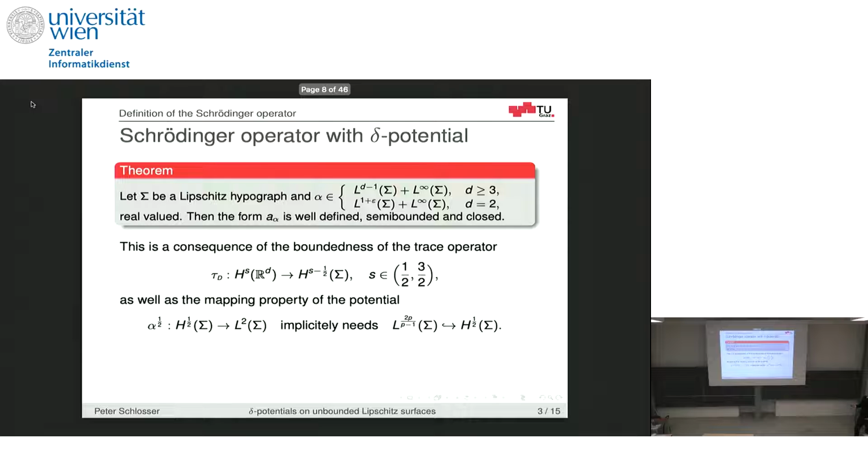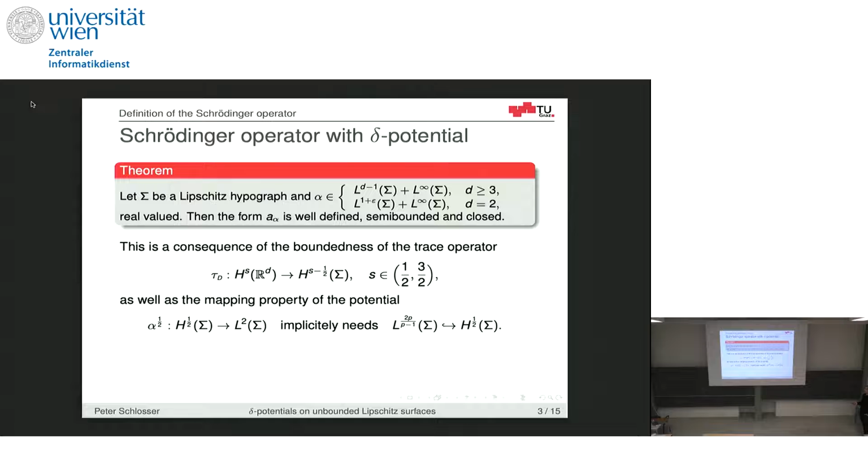But this is the case, and what are the basic ingredients to ensure this is, okay, we need a Dirichlet trace operator of this kind, so from H^s to H^{s-1/2}, which is kind of okay for this Lipschitz hypergraphs.